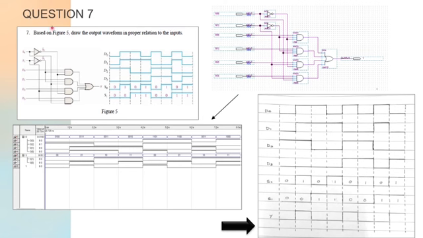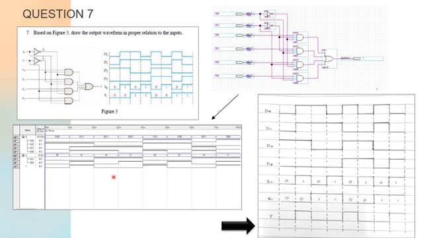Last question. Based on figure 5, draw the output waveform in proper relation to the input. This figure 5 shows that they have given the circuit design and also the waveform of the data needed. It's a lot easier if you go to the gates and design the circuit from figure 5, and then you input the data of the waveform.